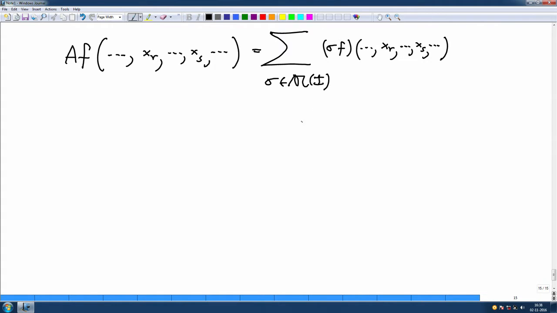Then the other sum comes with a minus sign, with sigma again running in A_i, and I have to apply the transposition which changes r to s, then sigma, and this f applied to this tuple.